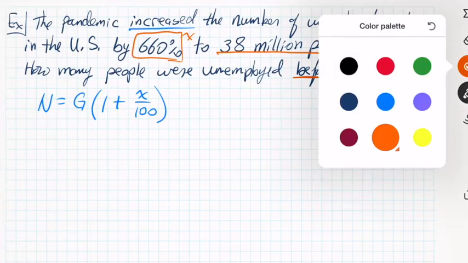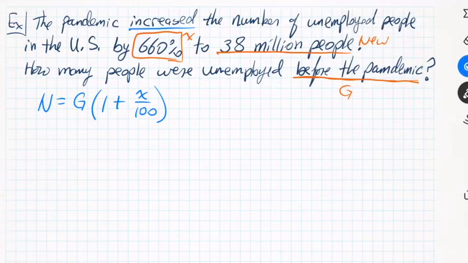So let's plug in what we know and solve for the unknown. So the new value, I have 38 million. Now, you could write the 6 zeros that follow it, or you could write E6 for the scientific notation of 38 million. But if you just leave it as 38, then you just have to remember that when you get to your answer down lower, it's going to be in the millions.